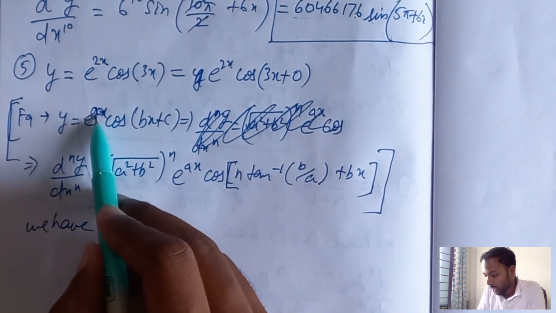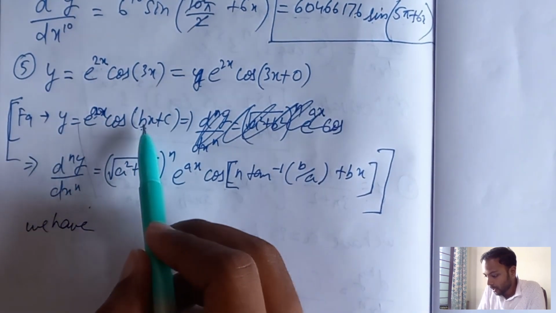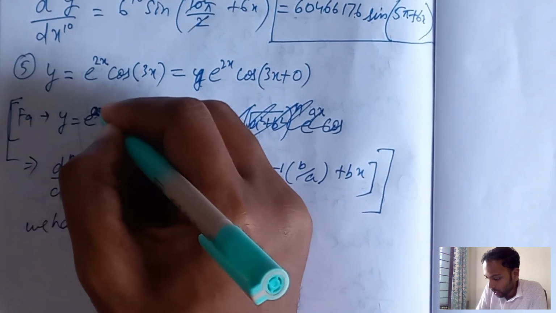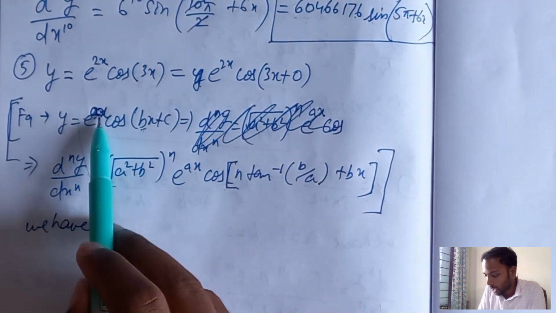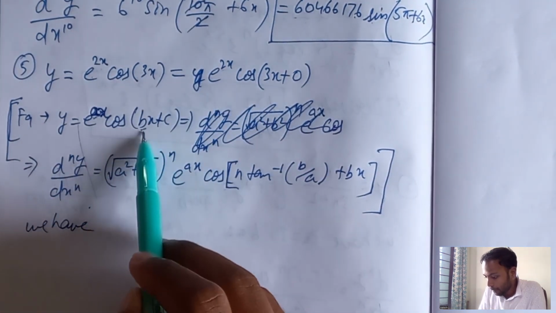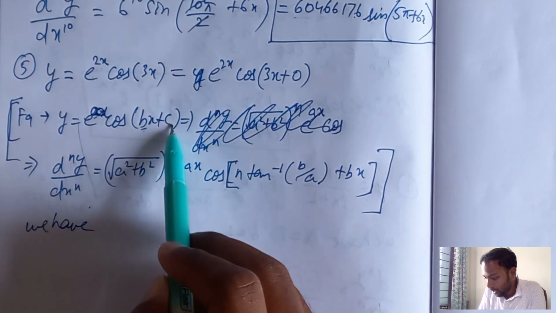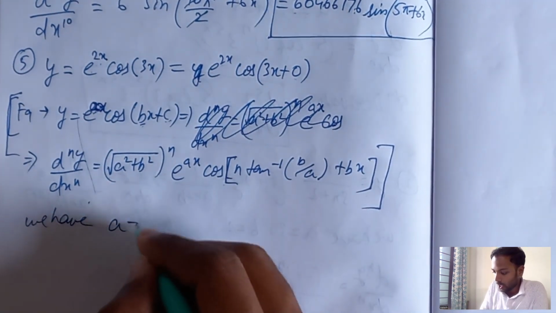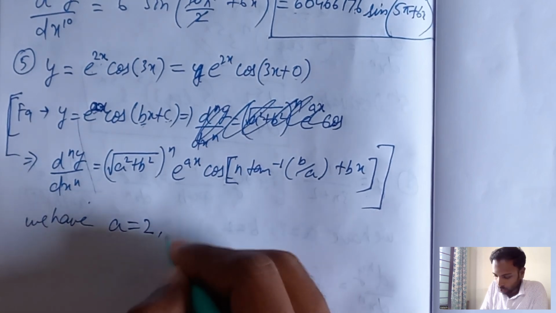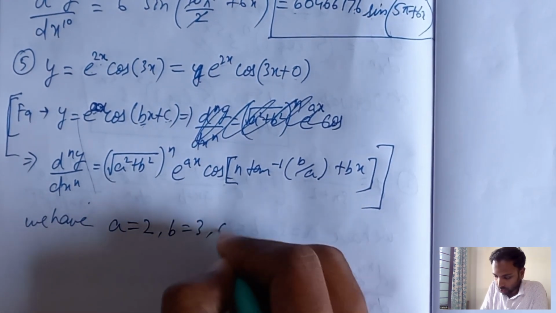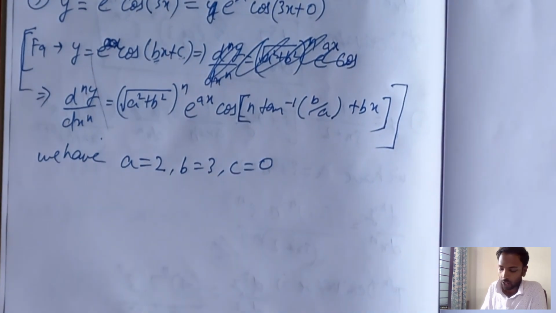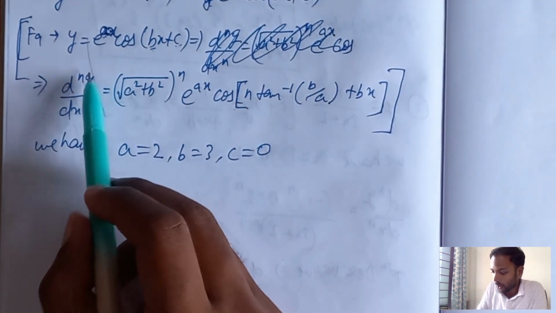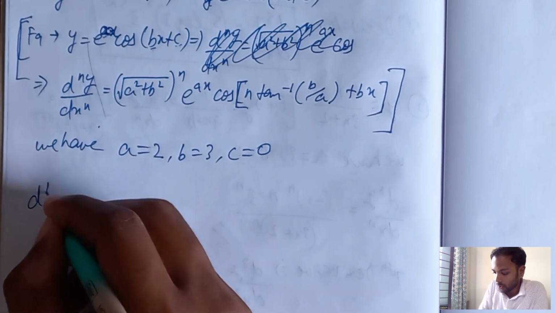So in place of a there is 2, in place of b there is 3, in place of c there is 0. So we have a is equal to 2, b is equal to 3, c is equal to 0. Just put a, b, c in this formula and find the nth derivative.